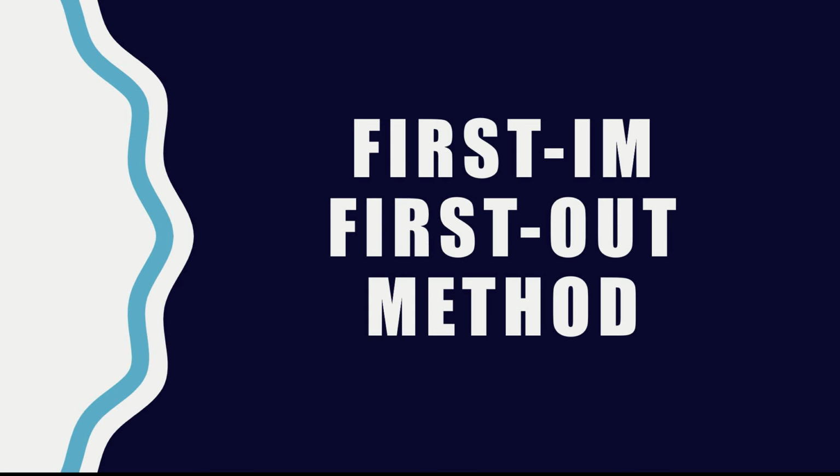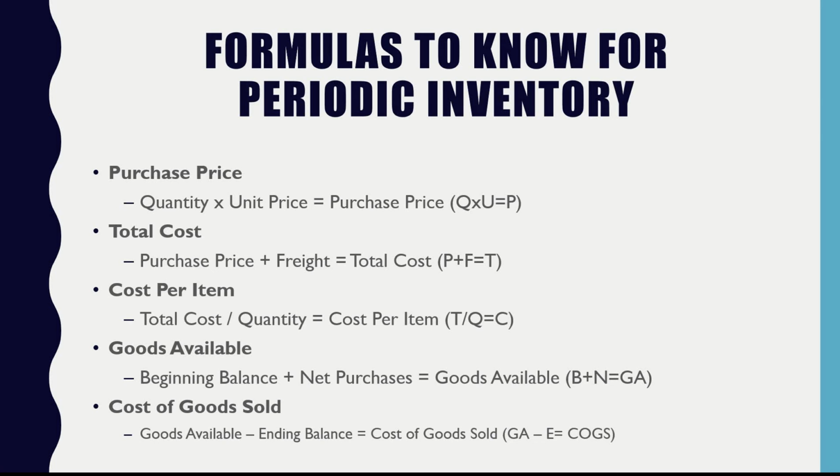All right, first in, first out method. So again, when we're looking at the first in, first out method, here are a few formulas that you should know or kind of understand.